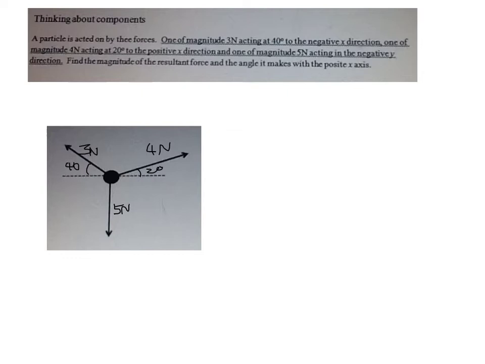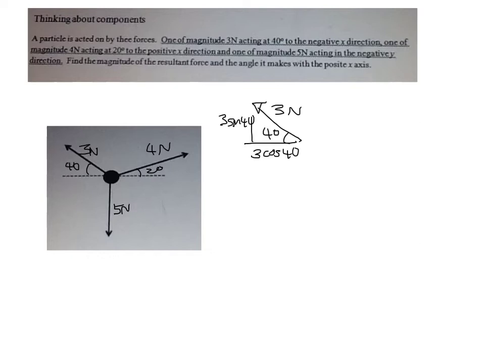One of the ways of thinking about this is to break the forces up into their components, basically i and j components. For example, this 3 newton force here is at 40 degrees, so we've got 3 cosine 40 here and 3 sine 40 here.